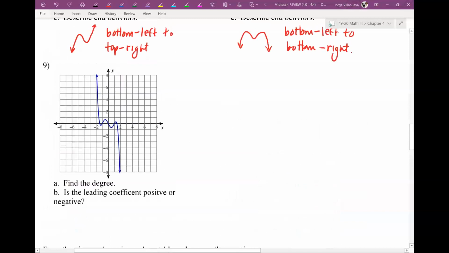But number 9 says find the degree. Okay? So let's see. It goes down, and then it goes up, then down, then up, then down. So changes in direction would be 1, 2, 3, 4. 4 changes in direction.